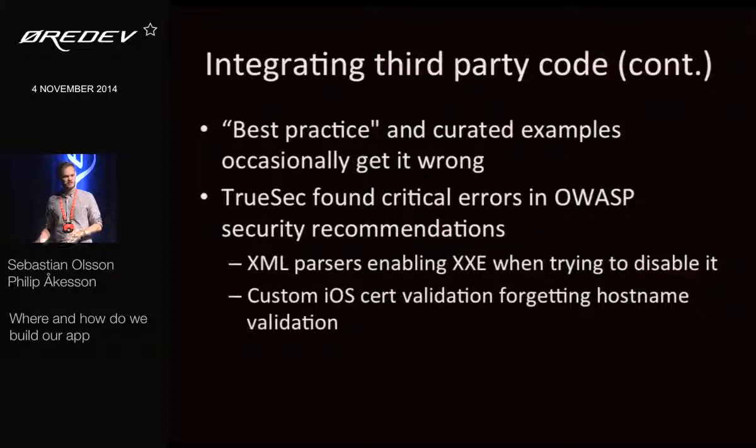Instead, in the example, they explicitly enabled it, even if it was disabled. The iOS custom cert validation pinning example forgot to call the superdelegate method, so you didn't get any hostname validation. This kind of stuff happens even in the vetted examples. You need to keep your eyes open.